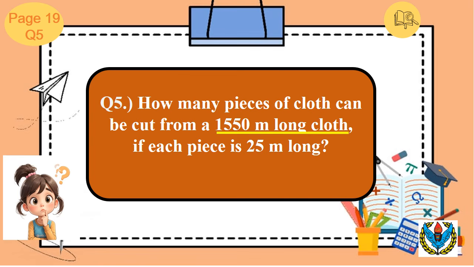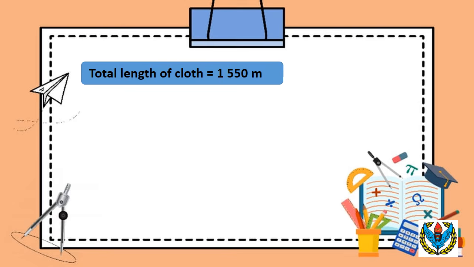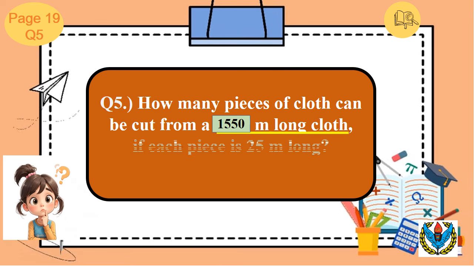In this word problem, first you notice what is the total length of the cloth. That is 1550 meters. So the first statement is total length of cloth is equals to 1550 meters.